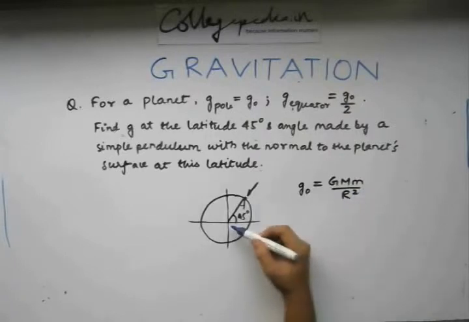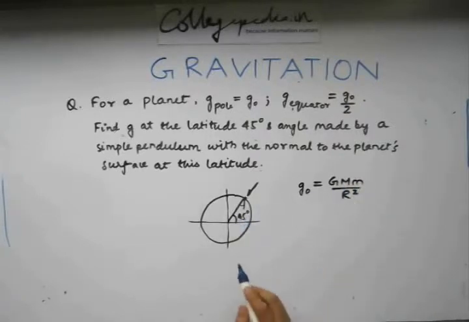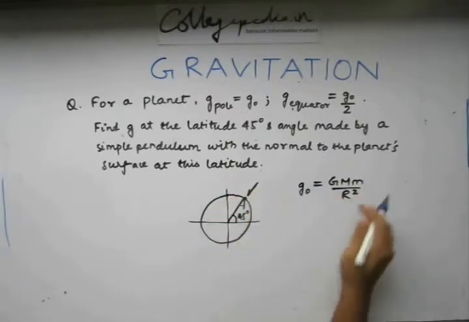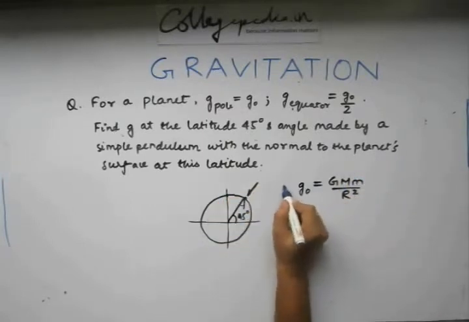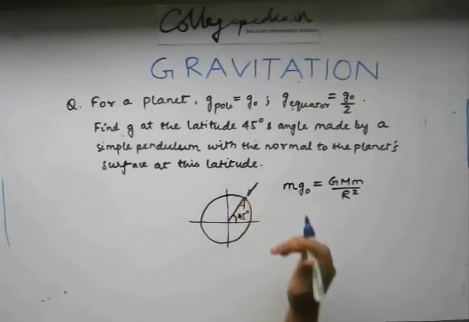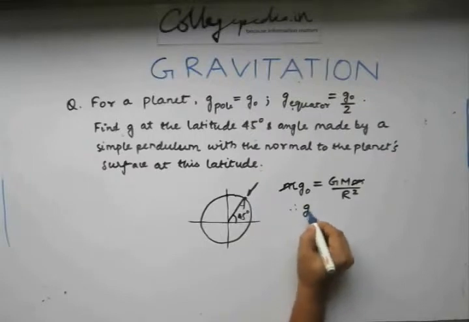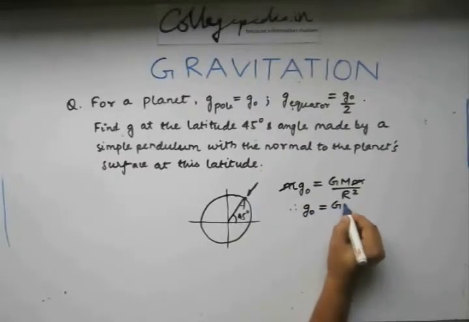Here R is the radius of Earth and M is the mass of Earth. m is any mass which is brought here. Sorry, this should be m g naught, the weight basically. So this m gets cancelled off, therefore we get g naught as GM by R square.